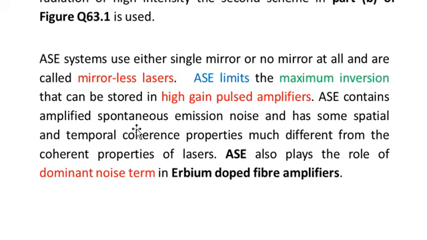ASE contains amplified spontaneous emission noise and has some spatial and temporal coherence properties much different from the coherent properties of the lasers. ASE also plays the role of dominant noise term in erbium doped fiber amplifiers.